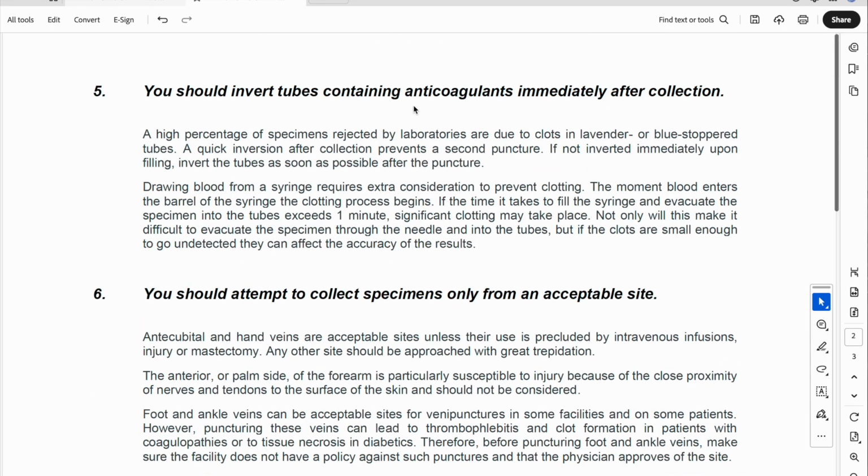Rule number 5. You should invert tubes containing anticoagulants immediately after collection. Specimen rejection due to clotting is entirely preventable, yet it remains a significant problem in laboratory medicine.